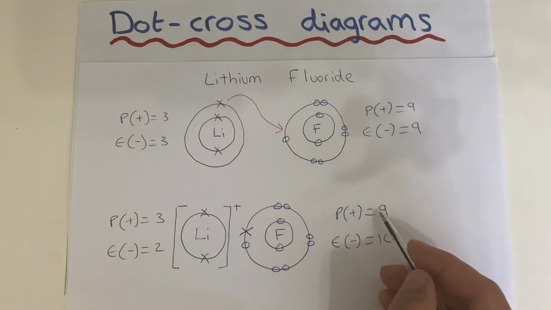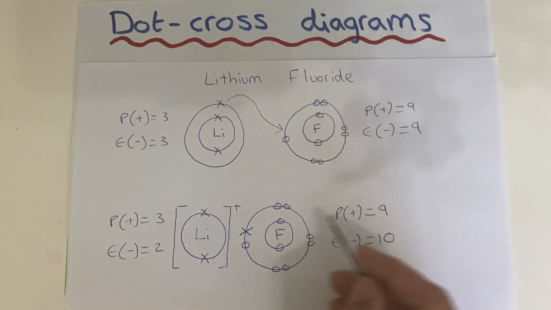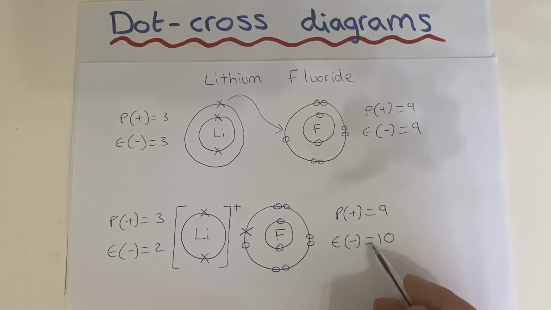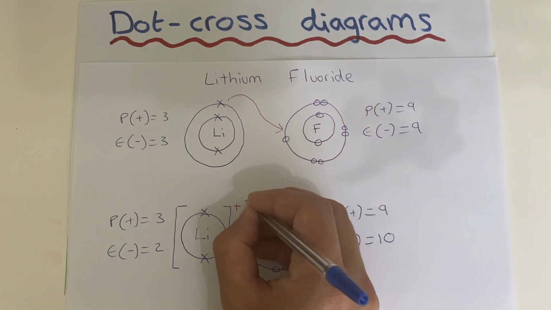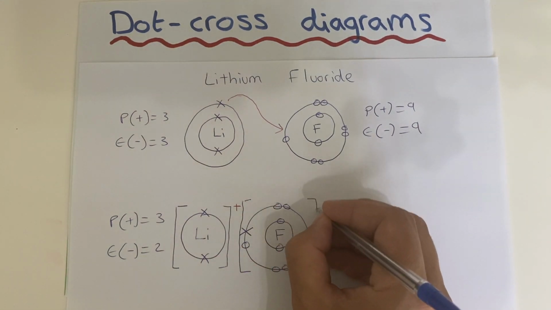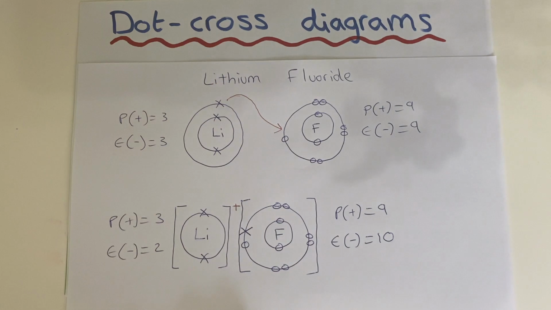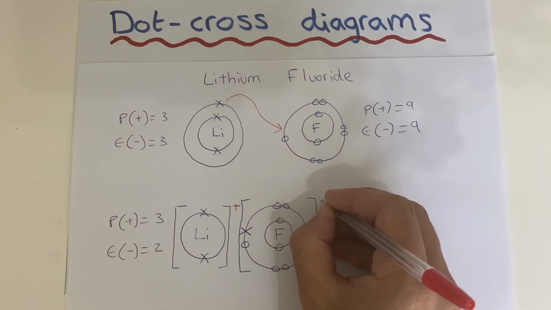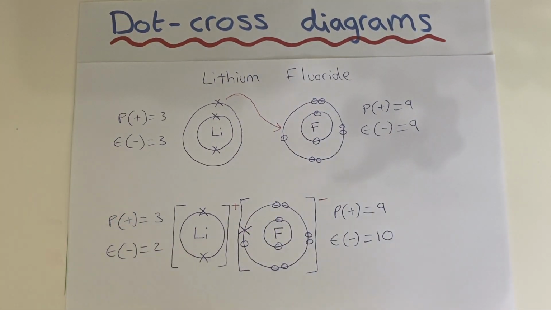Fluoride has still got 9 protons, but now it's gained another negative electron. So 9 positives, 10 negatives, overall it's got a negative charge. So I'll draw a negative charge on the outside of a pair of square brackets.